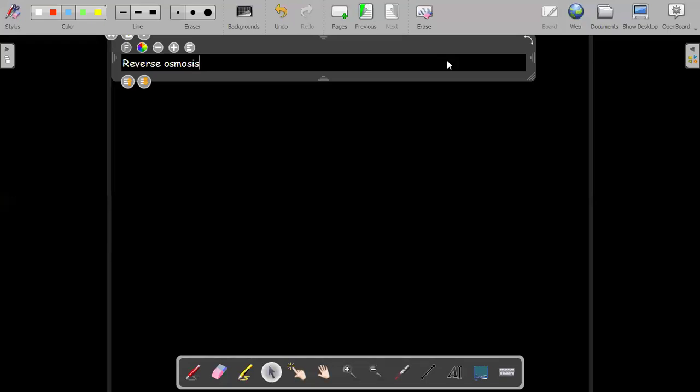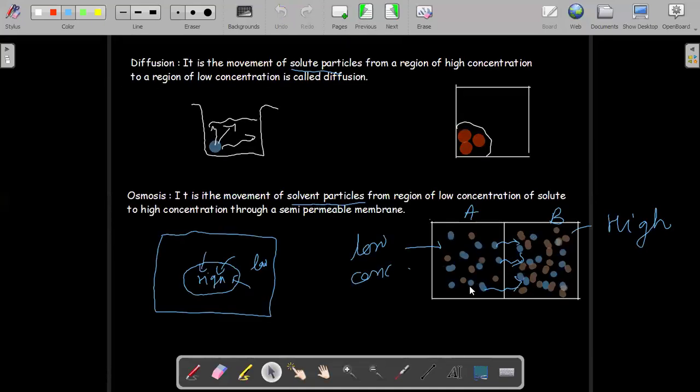So how? See, osmosis can naturally occur in this way. Here we observe that water is moving from side A to side B, because the concentration of the water particles is high on side A. Now we use some energy, generally electrical energy, to move the water particles from side B to side A, restricting the movement of the solute particles.